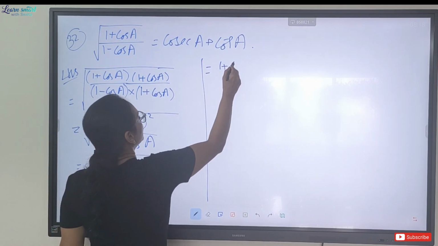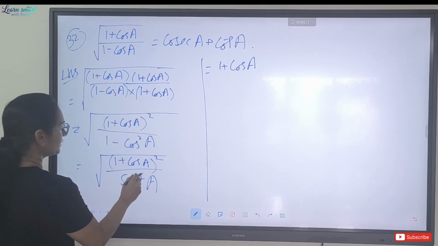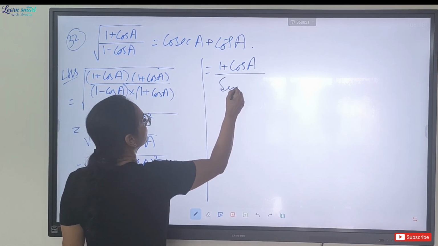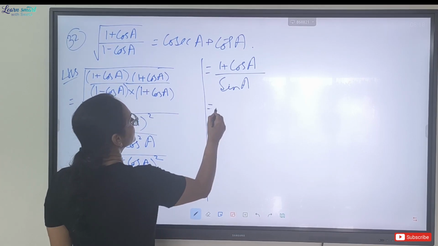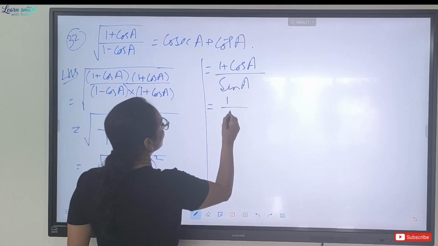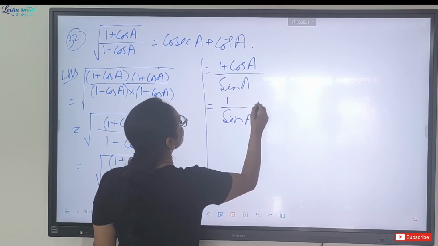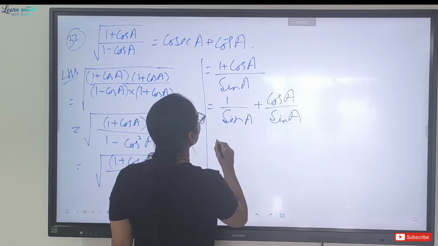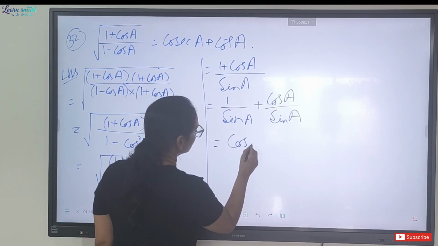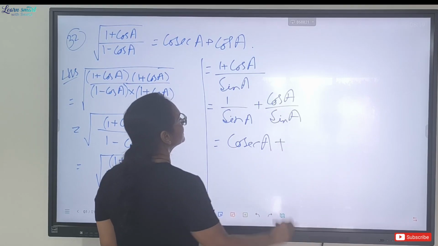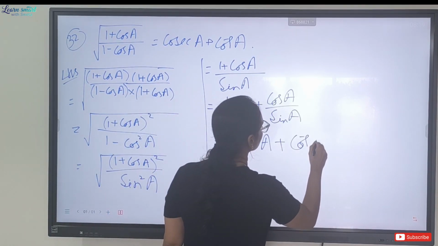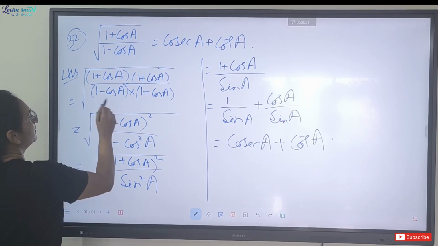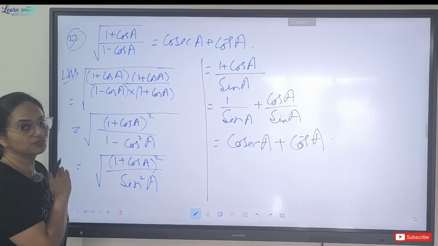So the square root of 1 plus cos A whole square is 1 plus cos A, and the square root of sin square A, we will get sin A. Now we can split and write it like this, 1 by sin A plus cos A by sin A. So 1 by sin A is cosec A, plus cos A by sin A is cot A. So you can solve the root questions in this manner. Rationalize the denominator and it becomes very easy.